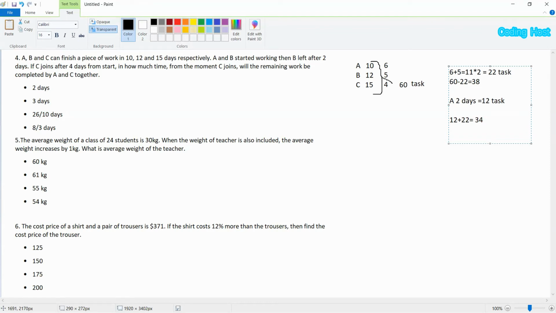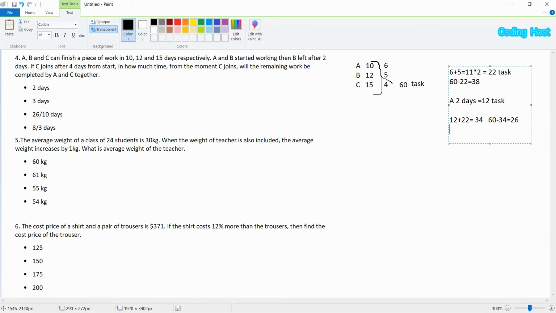Now how much is remaining? So 60 minus 34 equal to 26. So still 26 tasks are remaining. After 4 days C joins, and now we have to calculate in how many days A and C together finish the work. Remaining work is 26.